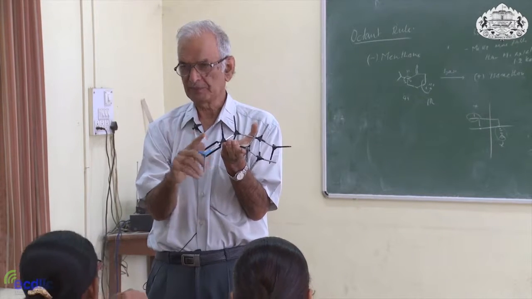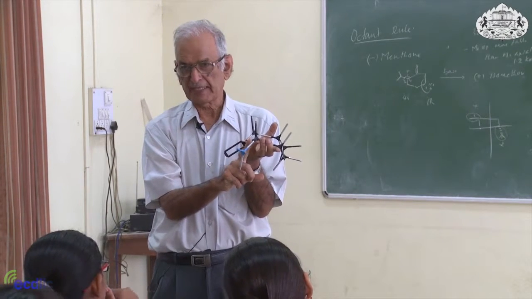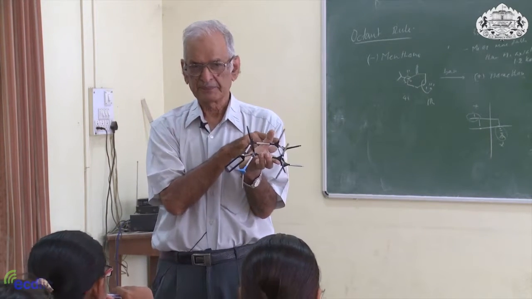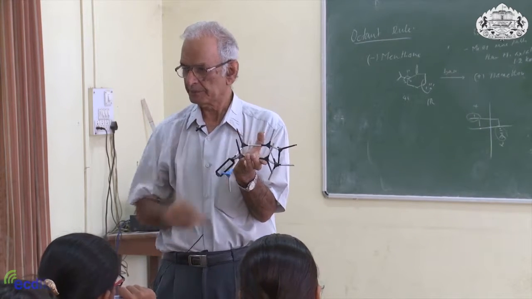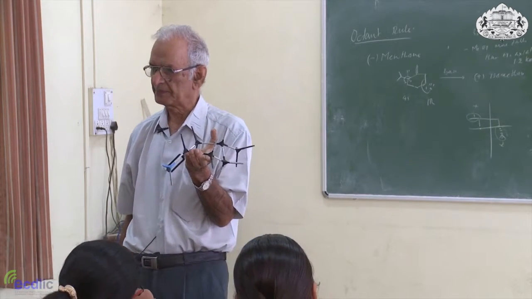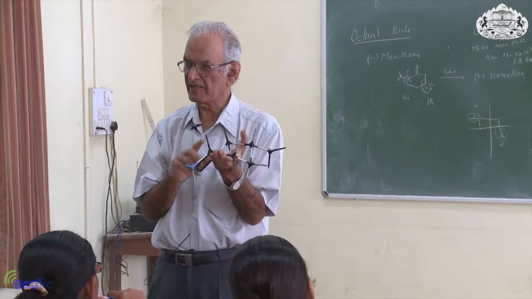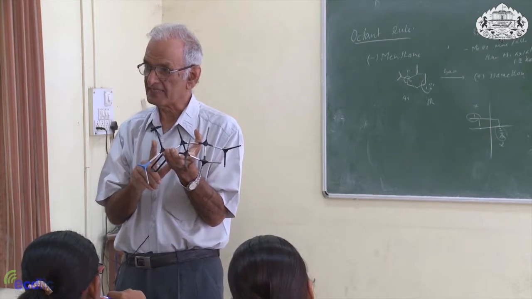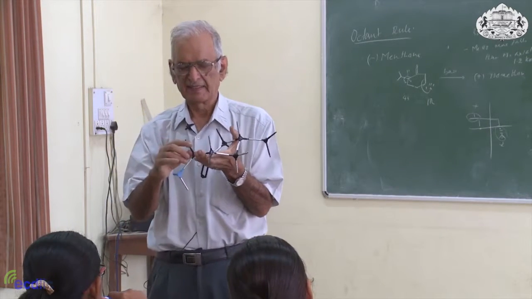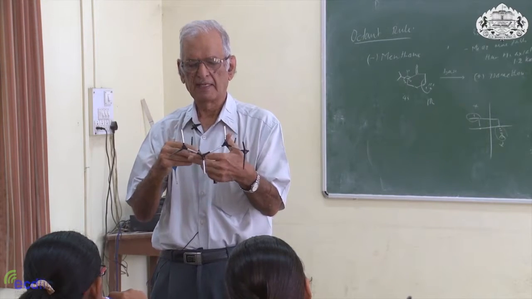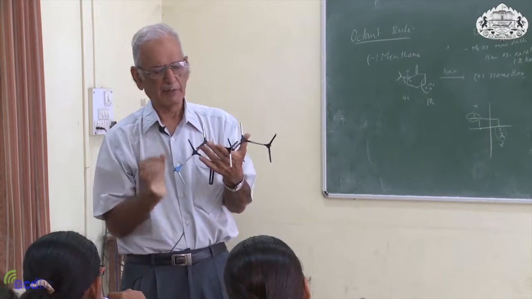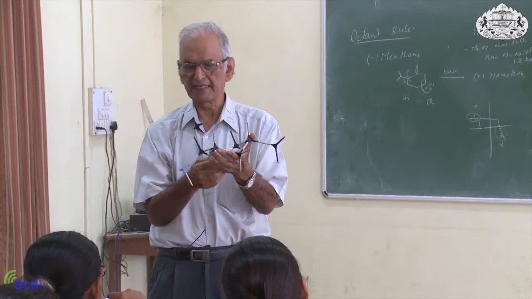What has happened now? This has become equatorial like, this has also become equatorial like. What is the unfavorable energy? 2.7. Okay. Now, what have I done? I have made this into a boat.